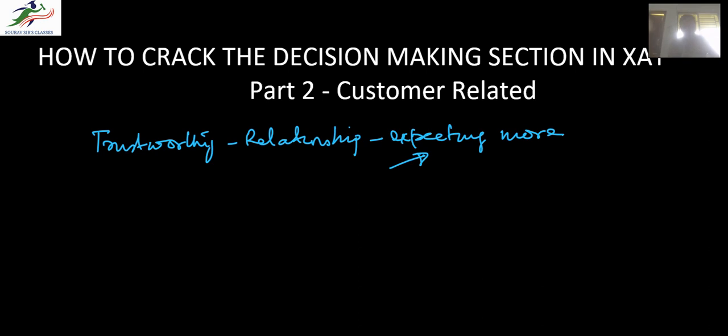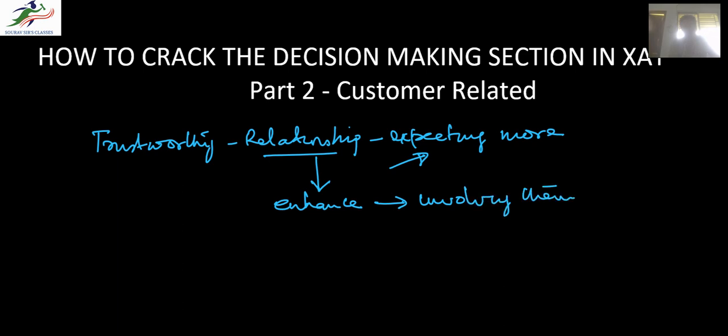So when you build a relationship, the next thing to do is to enhance that relationship. And how do you do that? You do that by involving them in the process. Which process? All your decision processes, or some of your decision processes.